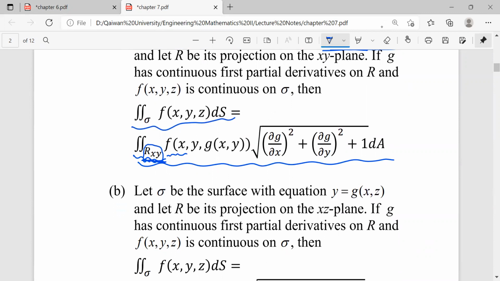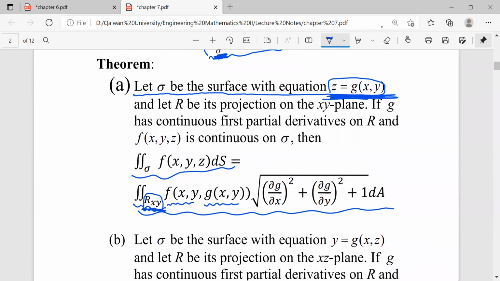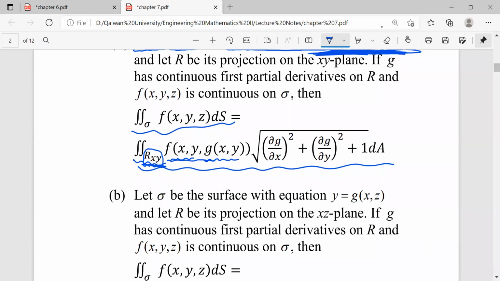For f of xy, we replace z by g of xy. Here f is a function of x and y only, multiplied by the square root of partial g partial x squared plus partial g partial y squared plus 1, then dA. This dA means dx dy or dy dx.